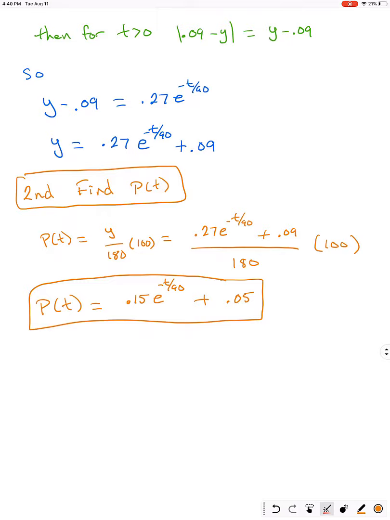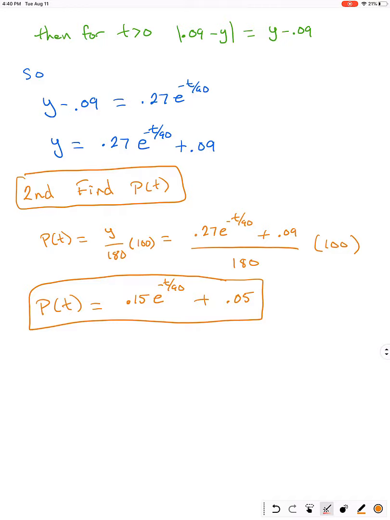So that's what I did. I took the y divided by 180 multiplied by 100, and when I do that, it simplifies to the percentage of carbon dioxide in the room as a function of time is 0.15 e to the negative t divided by 90 plus 0.05.